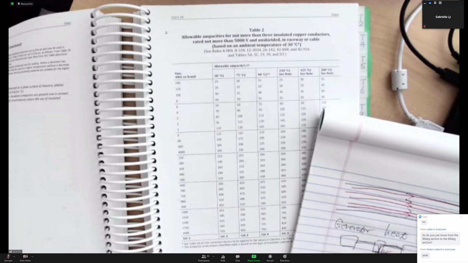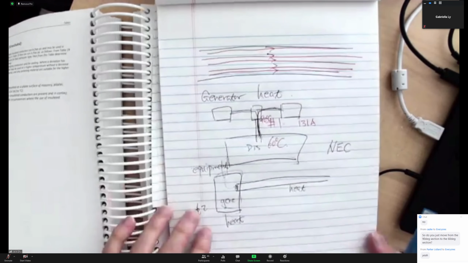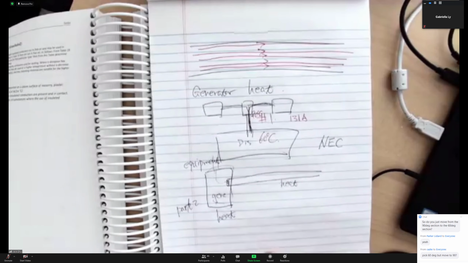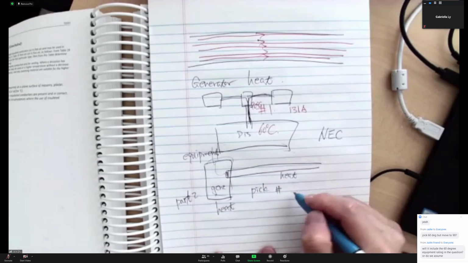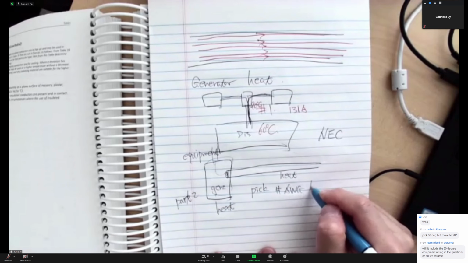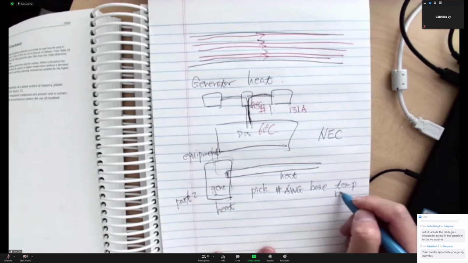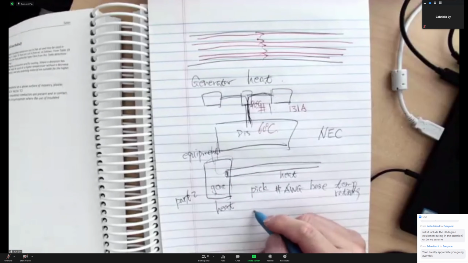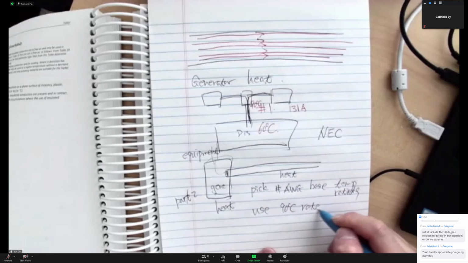Case, now does it make sense to you? You pick the size based on the temperature rating of the equipment. But then you're going to use 90-degree rated conductor.